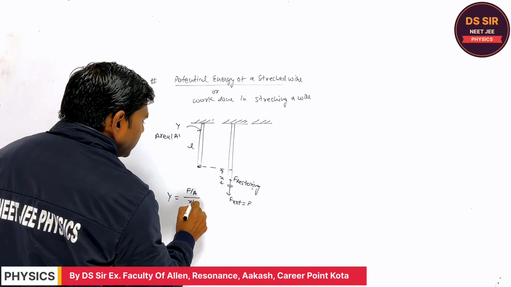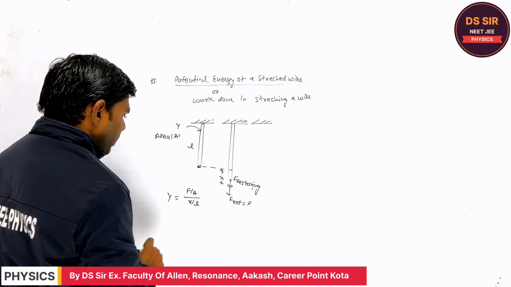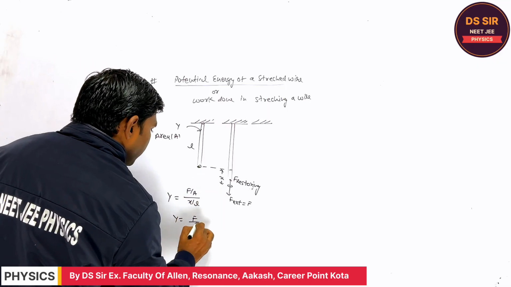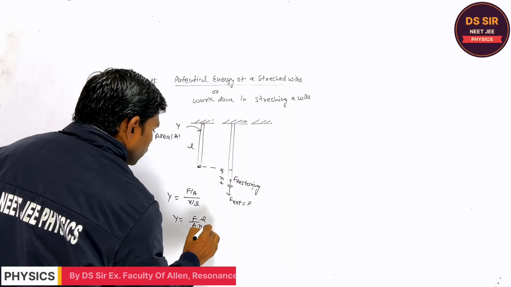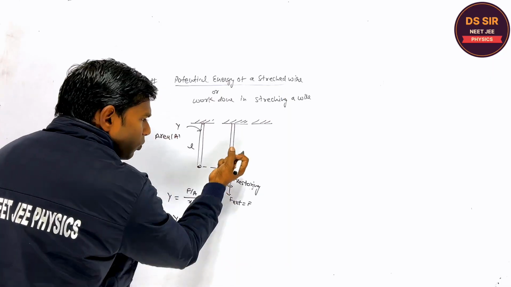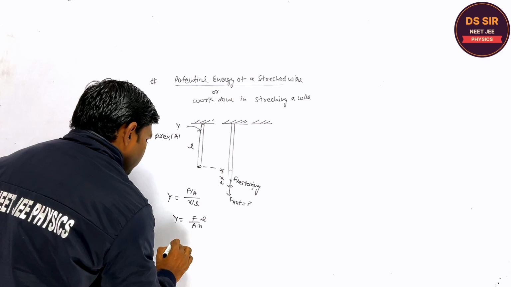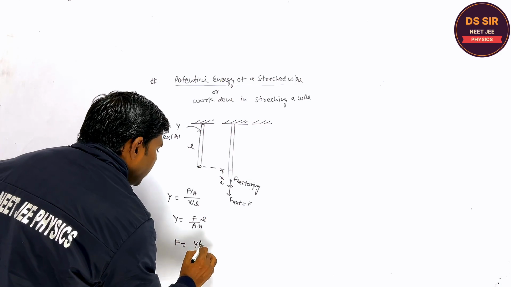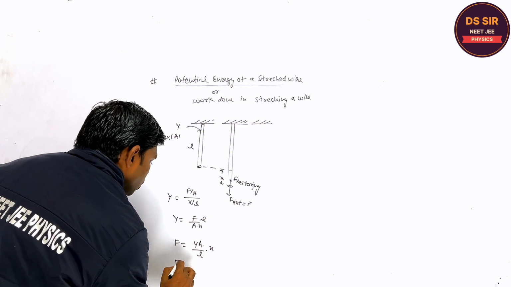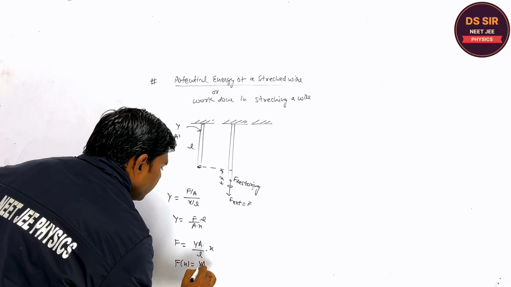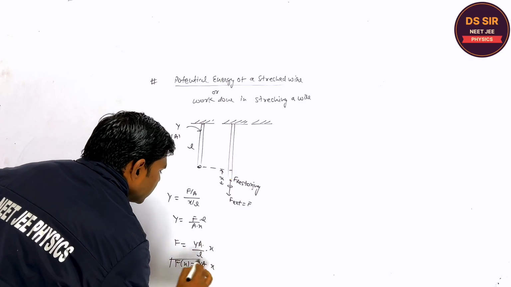What is the strain? x upon L. So it may be written as F upon A into L upon x. So the force required to pull it is nothing but YA upon L into x. So this is the force as a function of x. Is it clear or not?